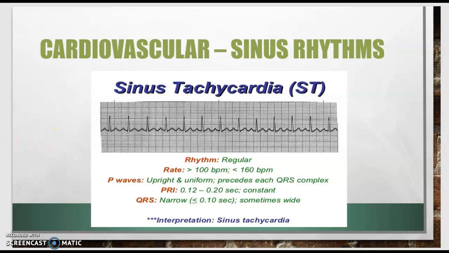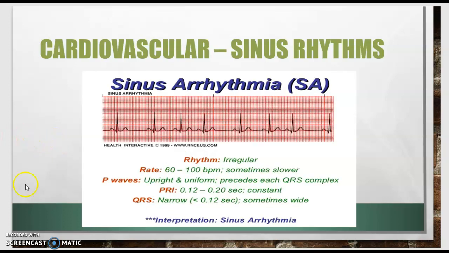So next we're going to look at sinus arrhythmia. Sinus arrhythmia is irregular, which means our ventricle, our QRS, does not march out. There's a longer distance between these two than between these two, and so forth. So this is an irregular rhythm.